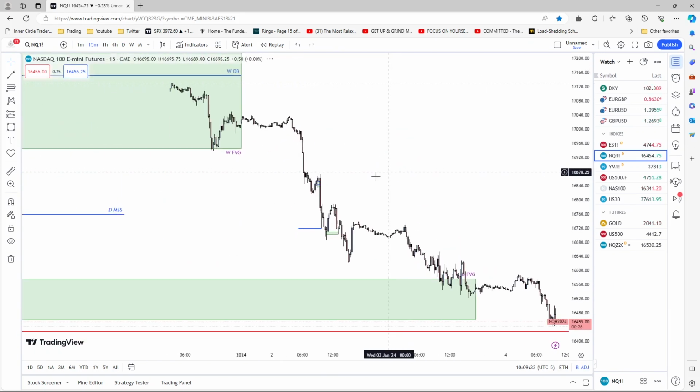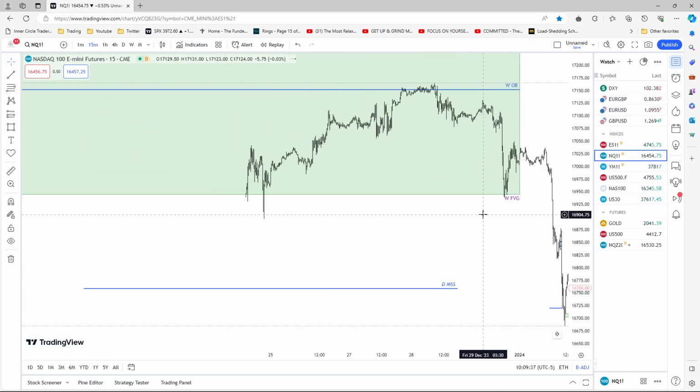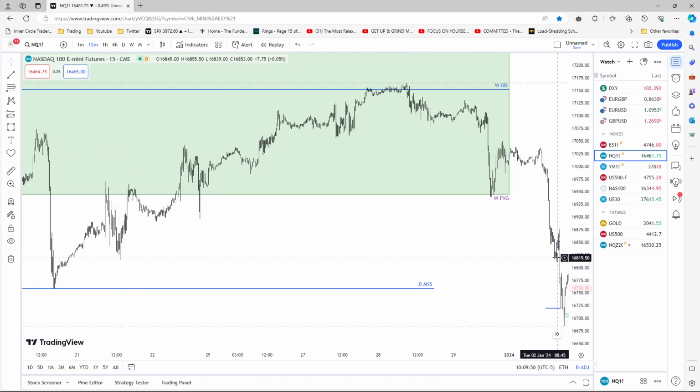Let's go down to a 15-minute time frame. So for me, look at this low over there, look at that low over there. That's an equal low. So that to me is reason enough to want to be short.